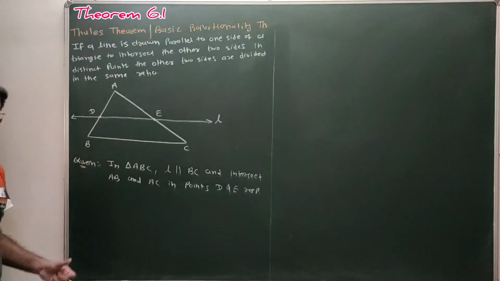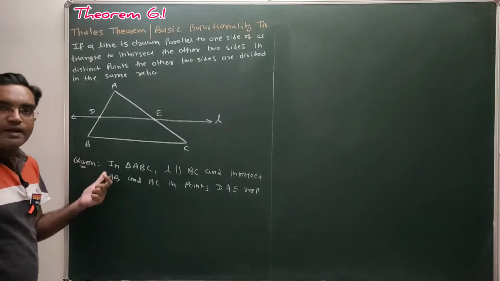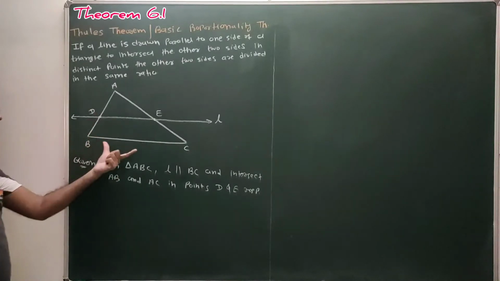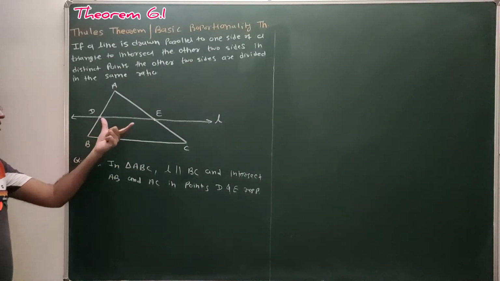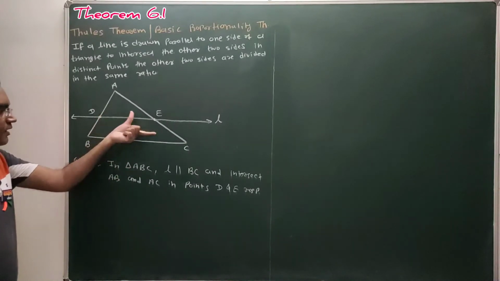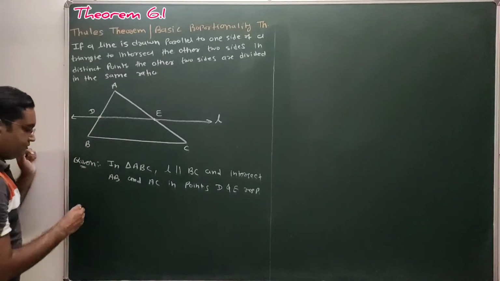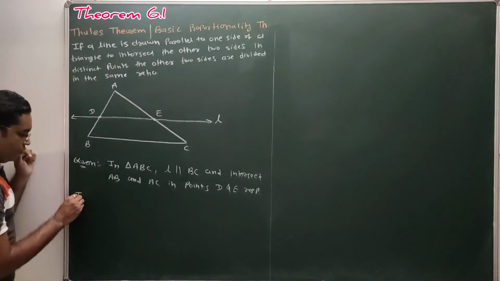This is given. In triangle ABC, line L is parallel to side BC of the triangle, and line L intersects two sides of triangle ABC, AB and AC, at D and E. This is given.